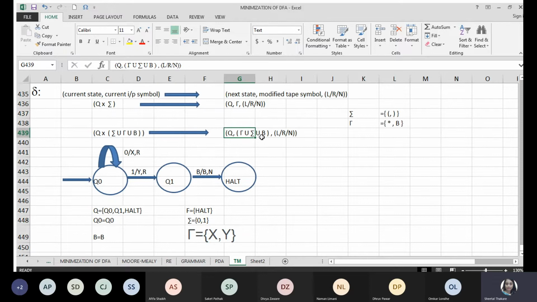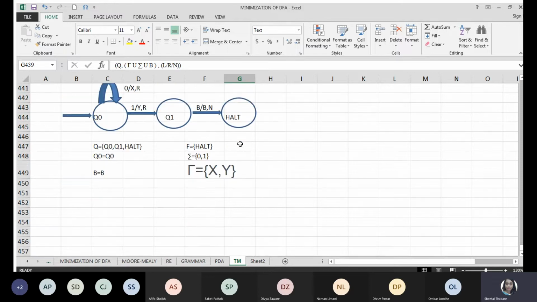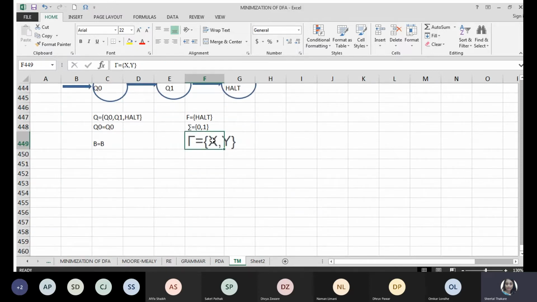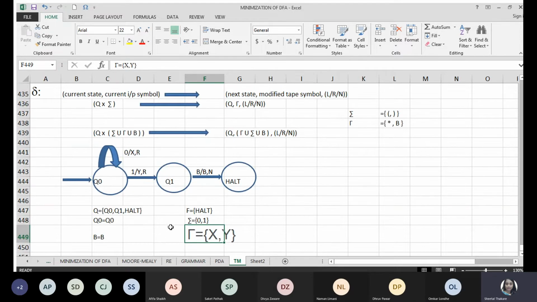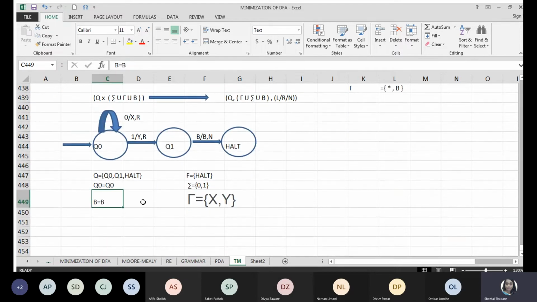You can exclude B from here if you have written this to be the union of 3. If B is excluded from here, it is understood that you are including it in tape symbol gamma, because B will always be there even if the tape is blank. Capital B is going to be always there. Just why this tuple is included, how you are representing that capital B. In some books you may find that small b is used or hash is used for blank.